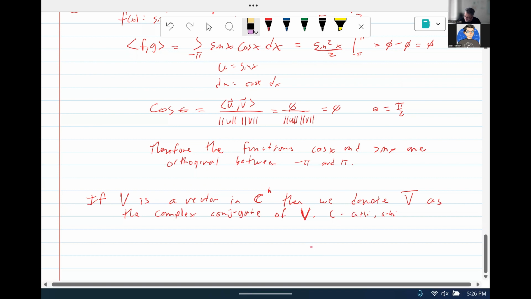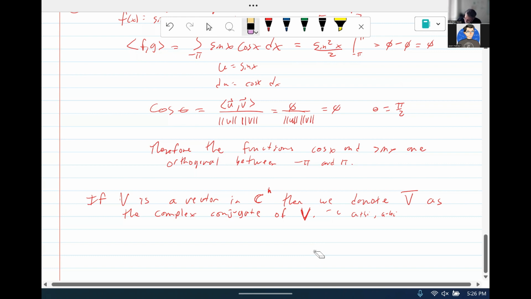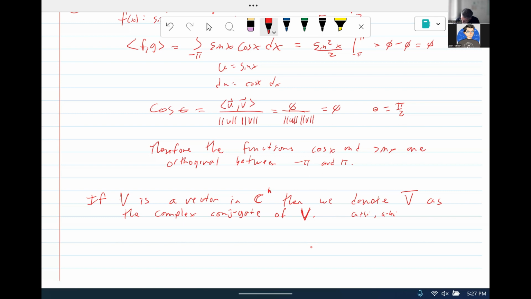That's just C1. Remember that for a complex conjugate, I'll just write it. So in C1, the complex conjugate is a plus bi, a minus bi. So that's what complex conjugate means.